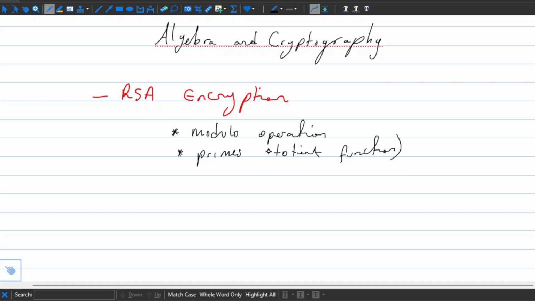Then we seal it off with RSA encryption by hand, seeing how we can encrypt and decrypt a message by hand. Then the application: we apply this using Python.